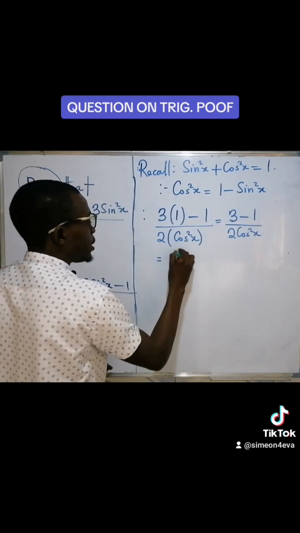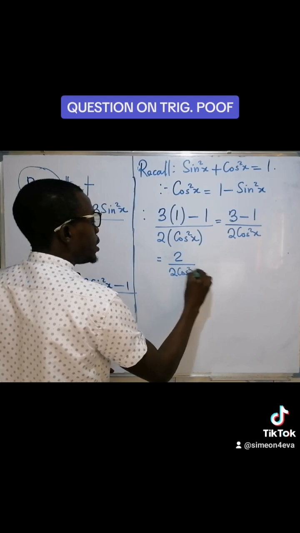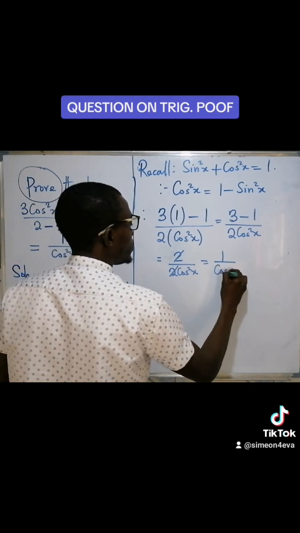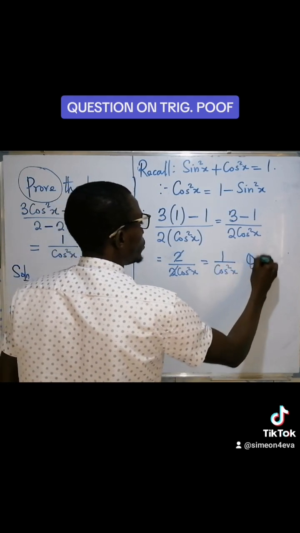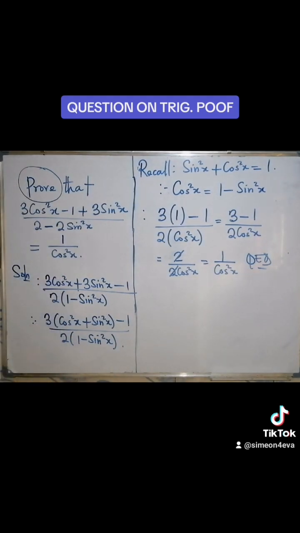And what is 3 minus 1? That's 2 over 2 cos square x. So if 2 goes for 2, the answer will now give you 1 over cos square x. So you can now say that we've been able to prove that the left hand side is equal to 1 over cos square x.